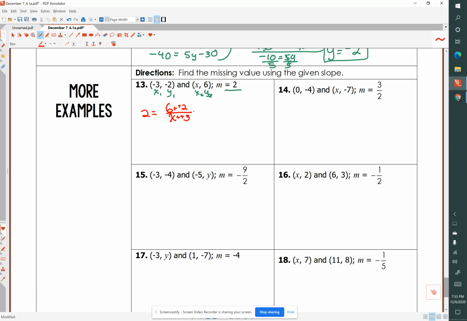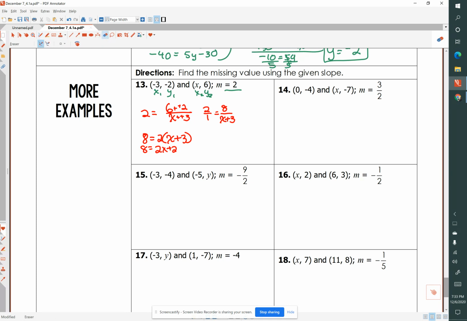So 2 over 1 equals 8 over x plus 3. So we'll solve the proportion. 8 times 1 is 8 equals 2 times the quantity of x plus 3. 8 equals 2x plus 6.